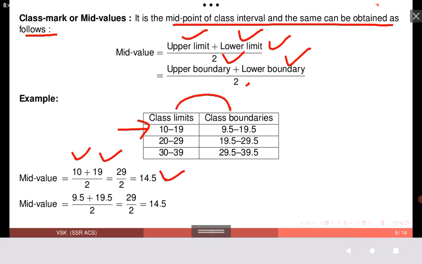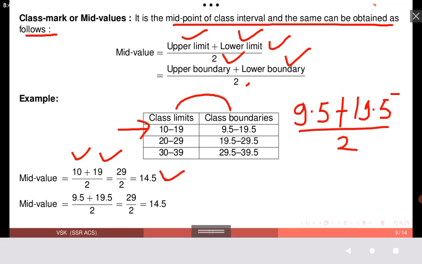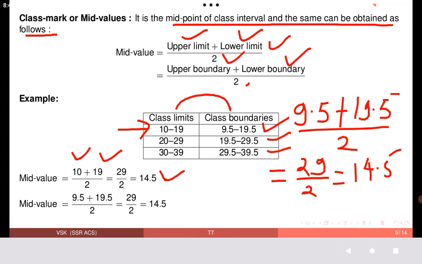If it is written in terms of class boundary, still there is no problem, and the same will come: 9.5 plus 19.5 is 29, divided by 2, that is 14.5. So this mid value or class mark we can obtain for all these classes. For the first class it is 14.5. For the second class and third class also you can find the class mark or mid values.